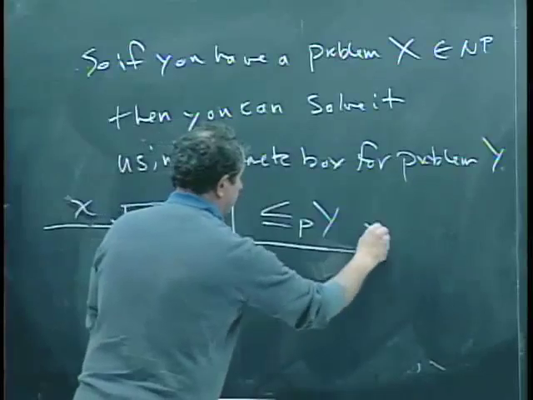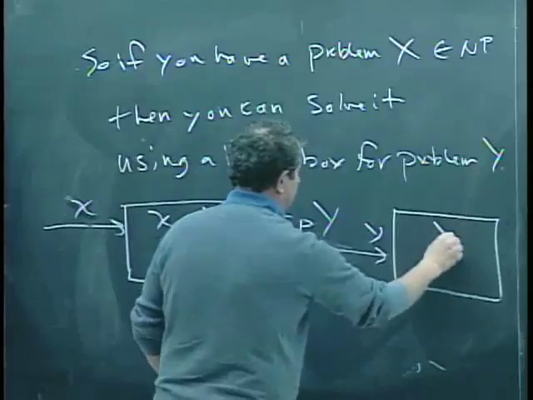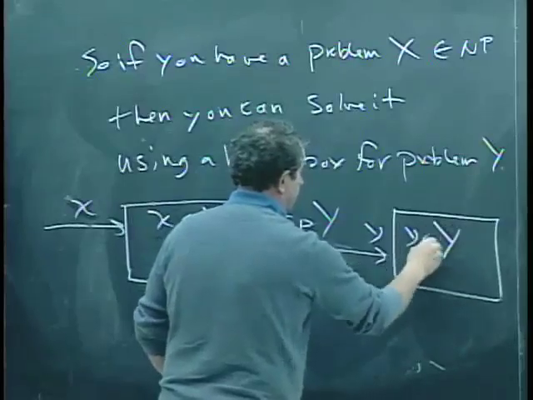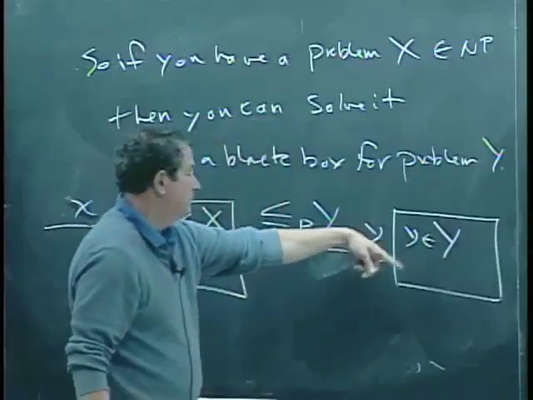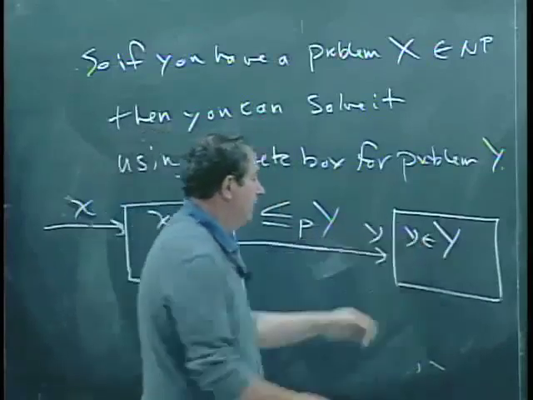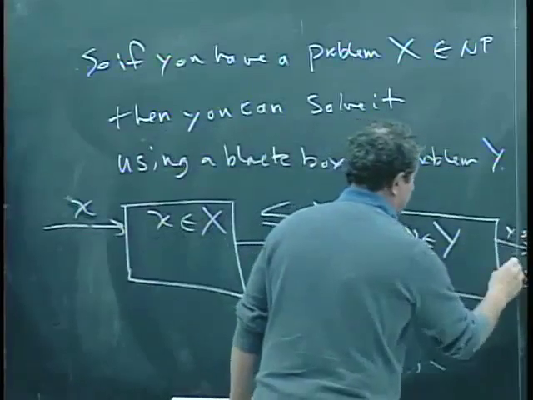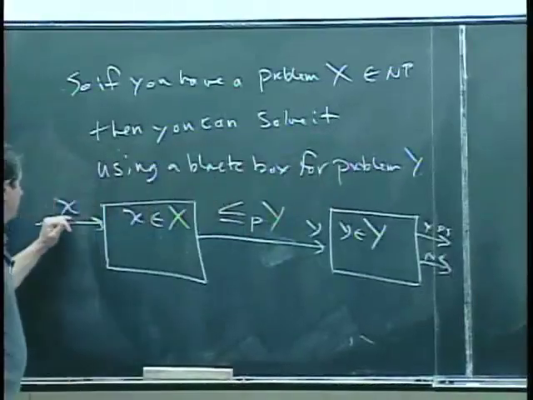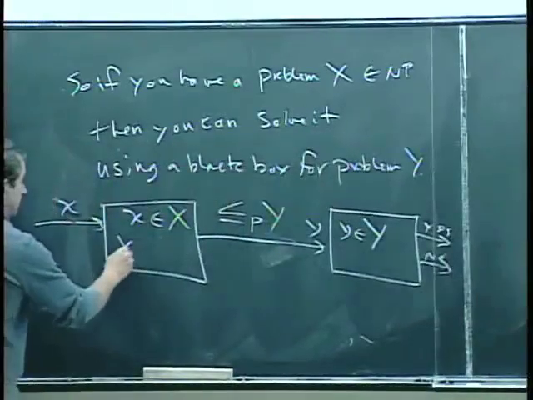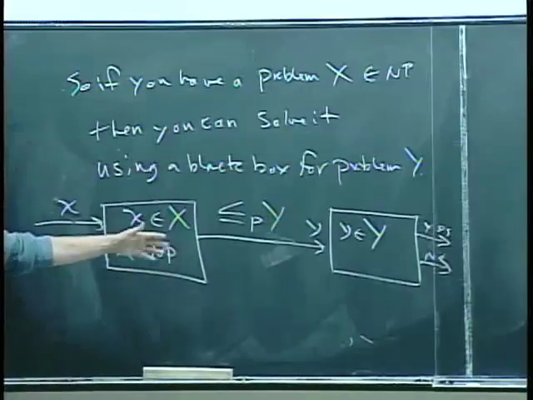So it produces a little y, which can be fed into the black box for problem capital Y, and then out of here comes either a yes or a no. Okay? So for any problem in NP, this is possible.